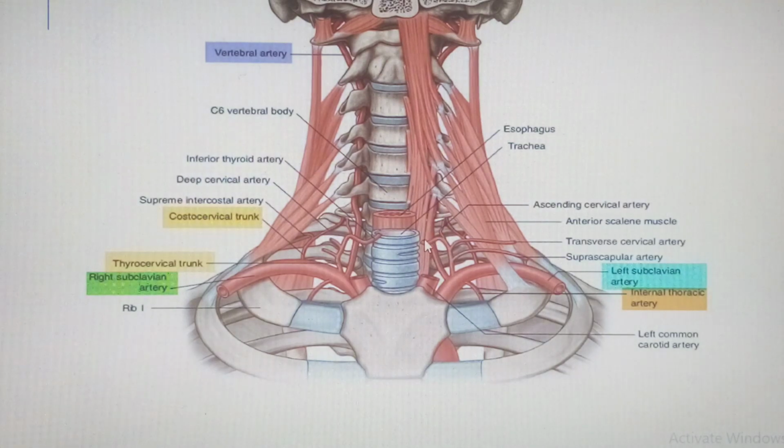This one is the inferior thyroid artery. Now remember that the inferior thyroid artery could give a branch which we call the ascending cervical artery. But remember, this ascending cervical artery could actually become a direct branch from the first part of the subclavian artery.